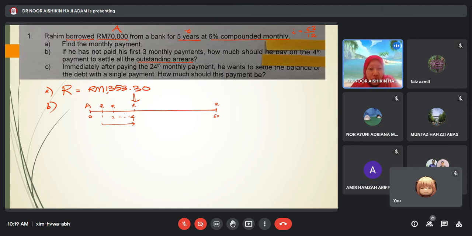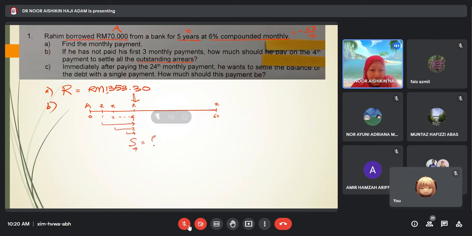So, terlewat 3 bulan. So, it incurs more interest. Second month, third month pun sama. So, you are actually looking for S4, the accumulated amount at the end of the 4th month.